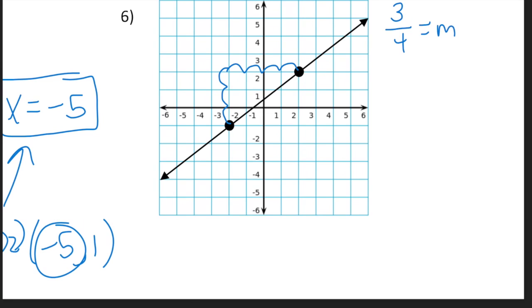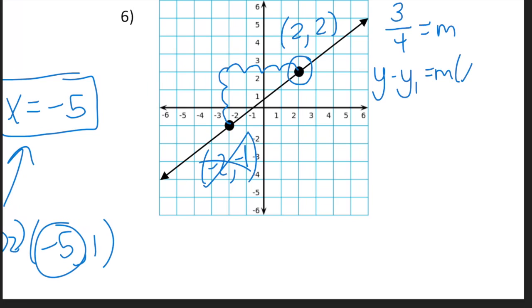So I'm going to choose a point, and I think I'll choose this point because the coordinates are positive. This point here on the bottom would be negative 2, negative 1, and I just don't want to deal with negatives when I'm doing point slope formula, because why should I? All right, so y minus y1 is 2.